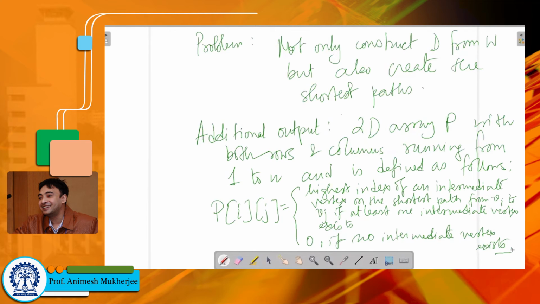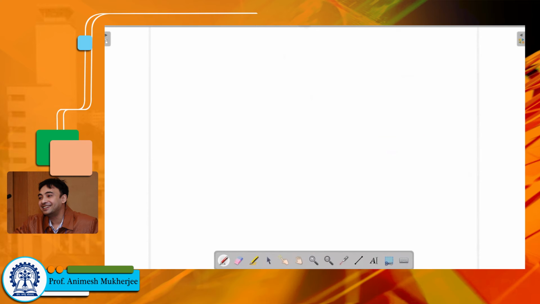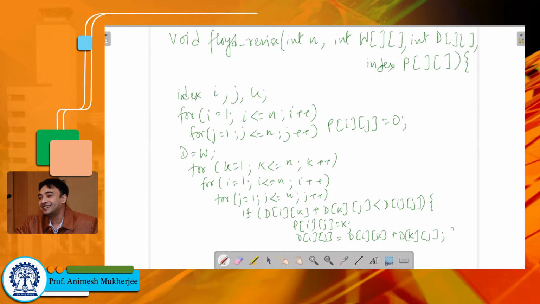So how do we achieve this? Again, we just simply modify the previous code that we had to include the construction of P. So as simple as that.